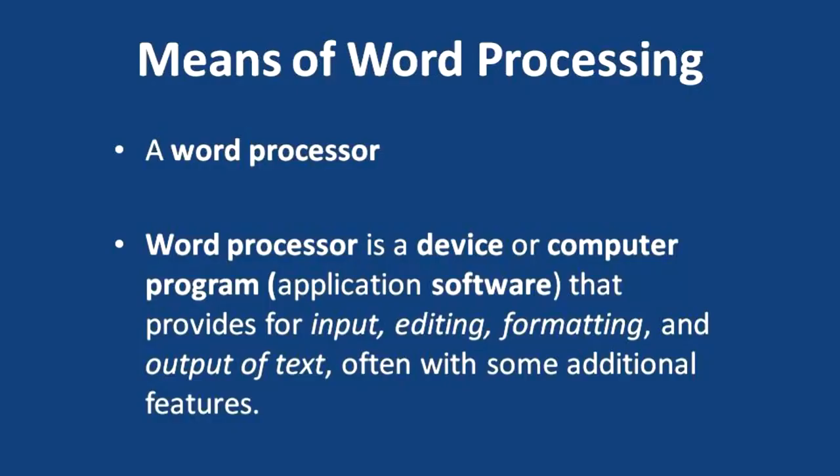Of course, we have the word processor, and this word processor is nothing but a device or computer program or application software that provides scope for input, editing, formatting and output of text, often with some additional features. There are different types of word processor.